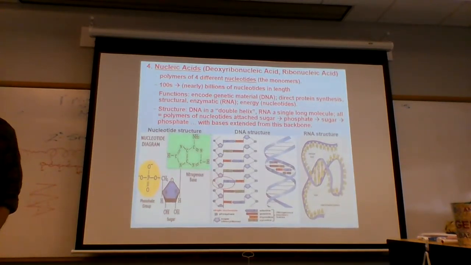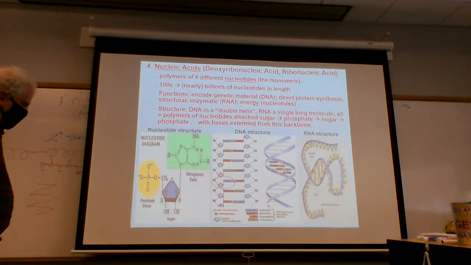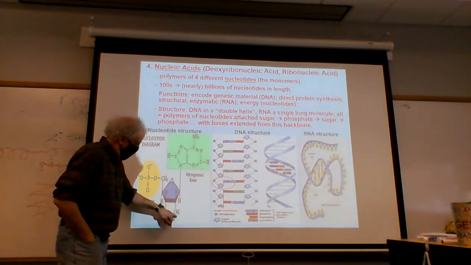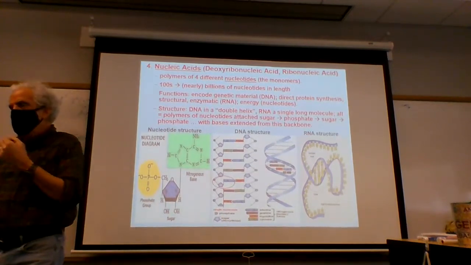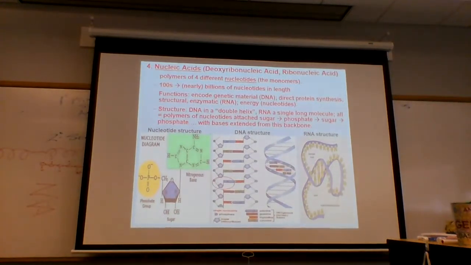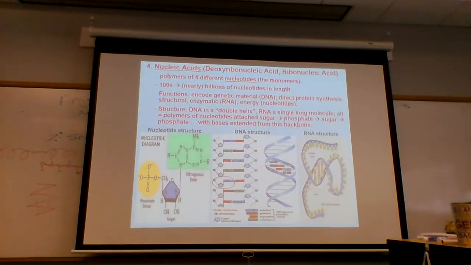Really, the only difference is that the presence of just an H group here makes DNA a little bit more sensitive to acid hydrolysis. RNA is fairly resistant to acids, but DNA will begin to break apart if you lower the pH too much.